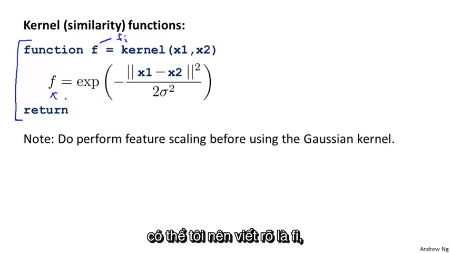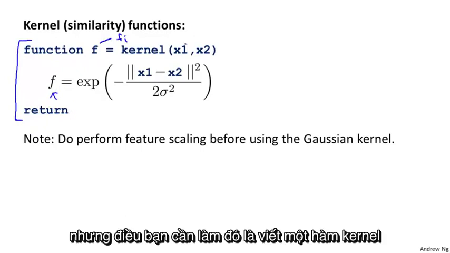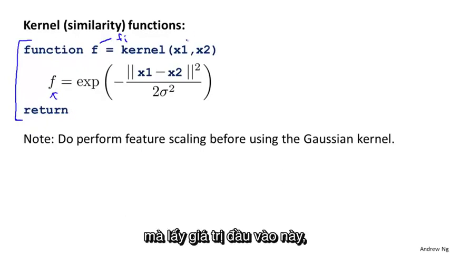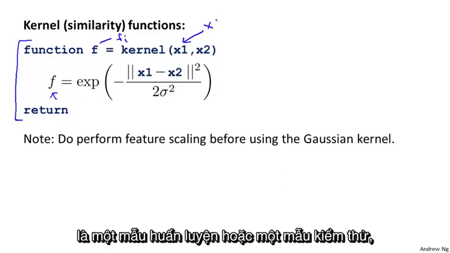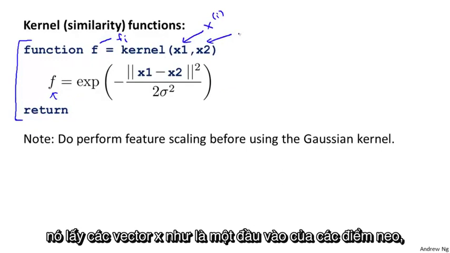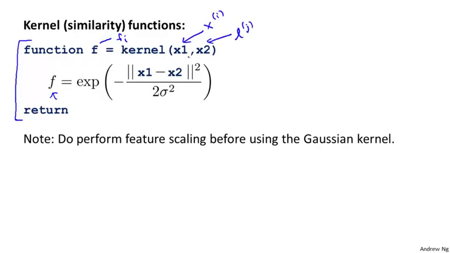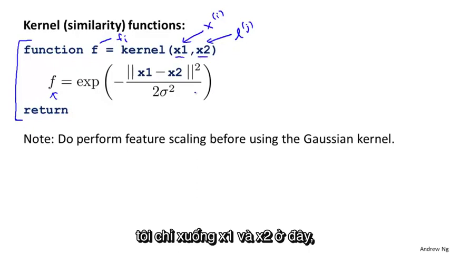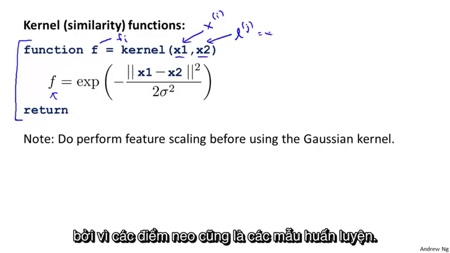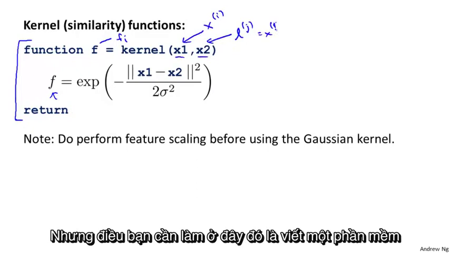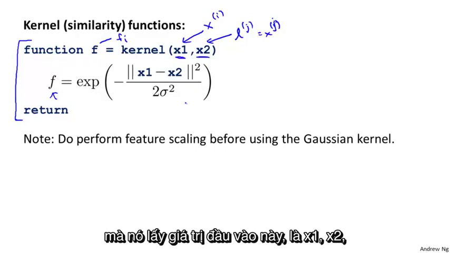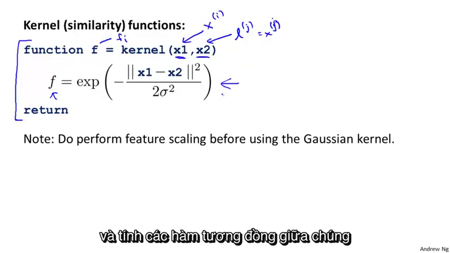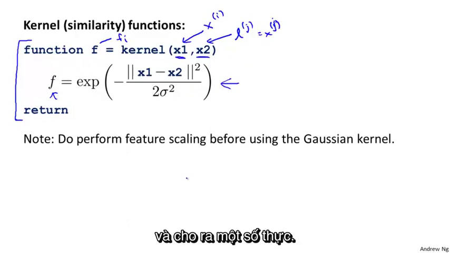So maybe this is better written f_i, but what you need to do is write a kernel function that takes as input a training example or a test example, whatever. It takes in some vector x and takes as input one of the landmarks, but I'm calling them x1 and x2 here because the landmarks are really training examples as well. But what you need to do is write software that takes as input x1, x2, and computes this sort of similarity function between them and returns a real number.